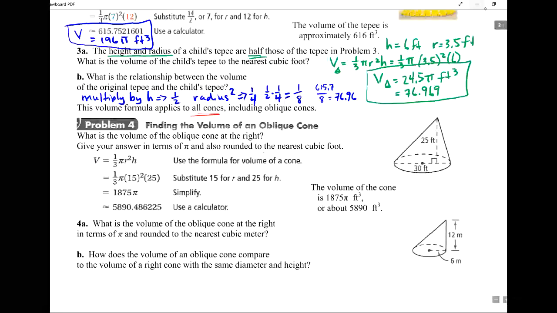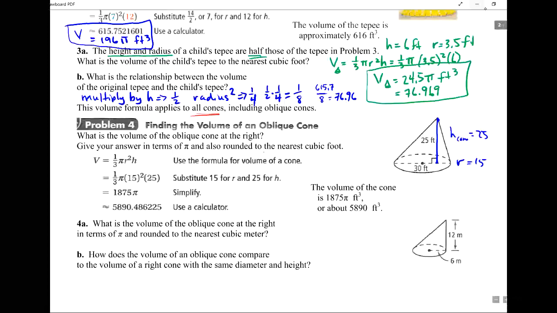If we're finding the volume of an oblique cone, we know that we need radius. So we're given diameter, so radius is 15, and we know the height of our cone because it goes from the vertex perpendicular to the base. So the height of our cone is 25. We put everything into our formula.